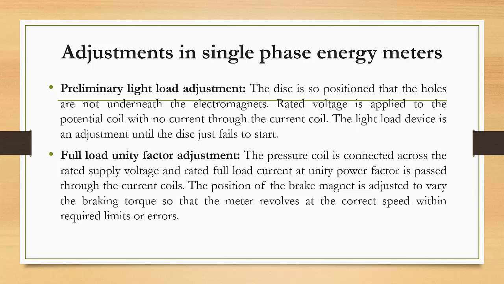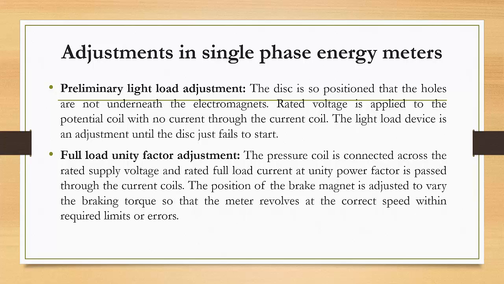And the next adjustment is full load unity power adjustment. In full load unity power adjustment, we connect the pressure coil across the rated supply voltage and the load current at unity power factor. So connect the pressure coil to the supply voltage and the current coil to the current at unity power factor.